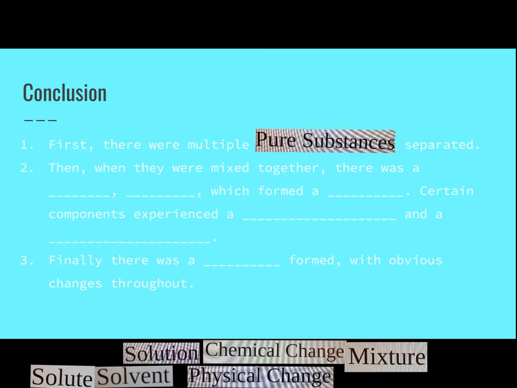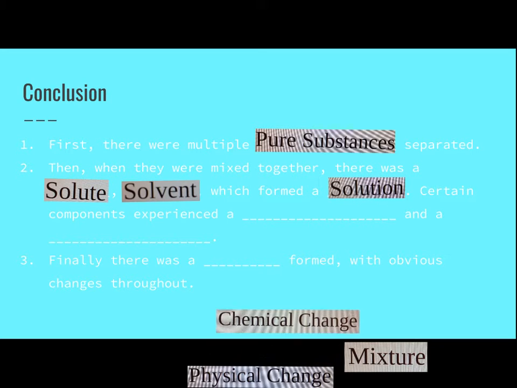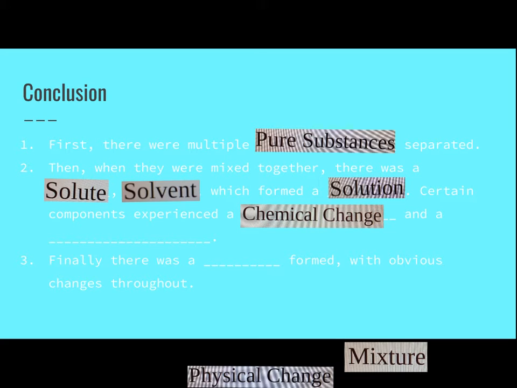Then when they were mixed together, there was a solute and solvent, which formed a solution. Certain components experienced a chemical change, and certain components experienced a physical change.